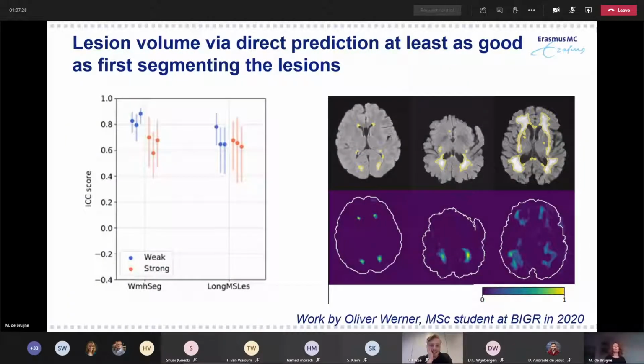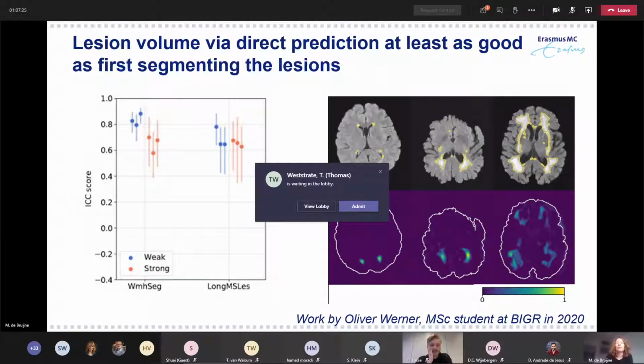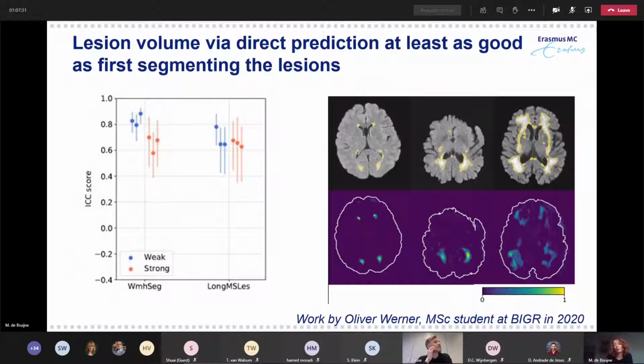One example of such direct prediction, not yet exactly disease prediction, but prediction of white matter hyperintensity volume. This was work by a master student who just graduated last month. He showed that if we train a model to predict the volume of white matter hyperintensities, and those are these, if you see my mouse, these white blobs in the brain MRI scan.